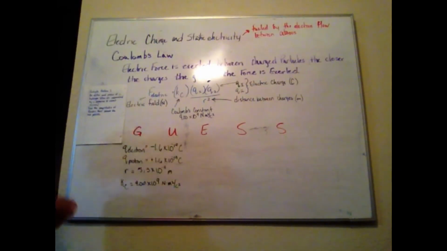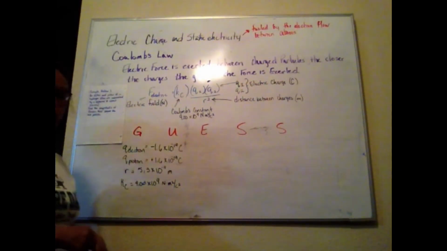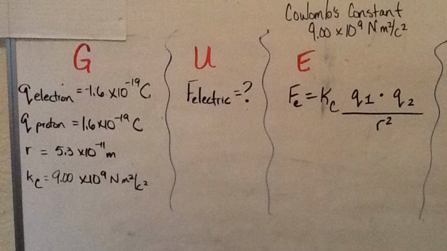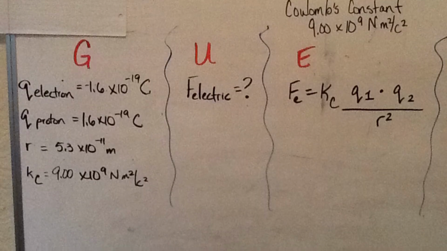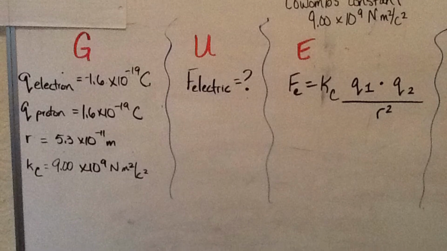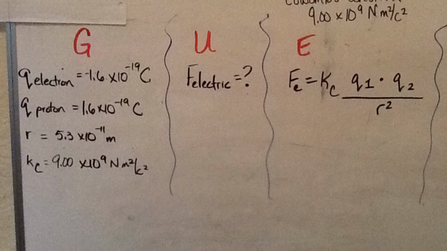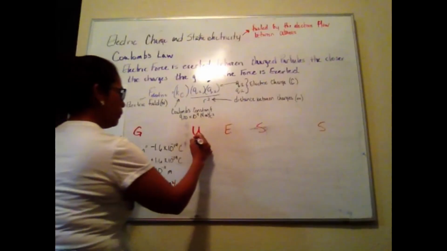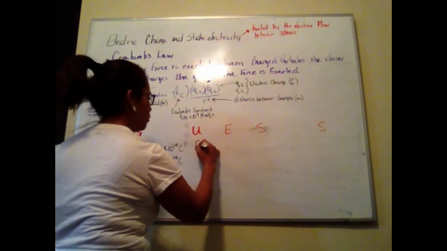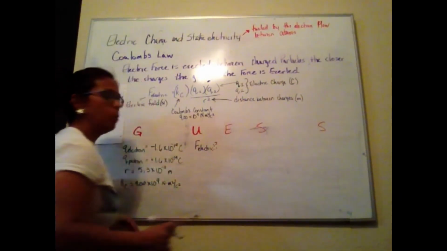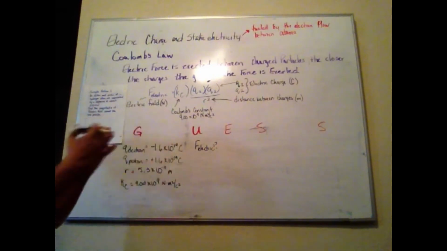Now, what is our unknown variable here? Well, our unknown in this case is the electric force. I'm going to move these over a little since we ran out of space. So here our unknown is F electric. We want to know what the force is that is applied between these two particles.